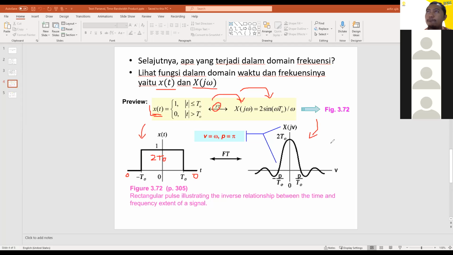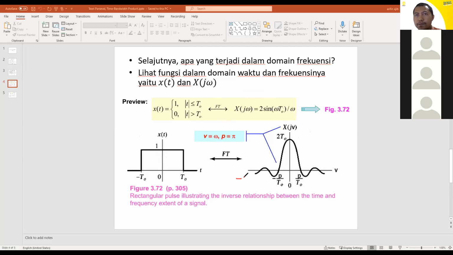This is the signal in frequency domain. Actually, this V is representing the omega, and the P is a pi. It's clear from this expression. And then we realize the graph is like this. You can see the signal goes up and down.